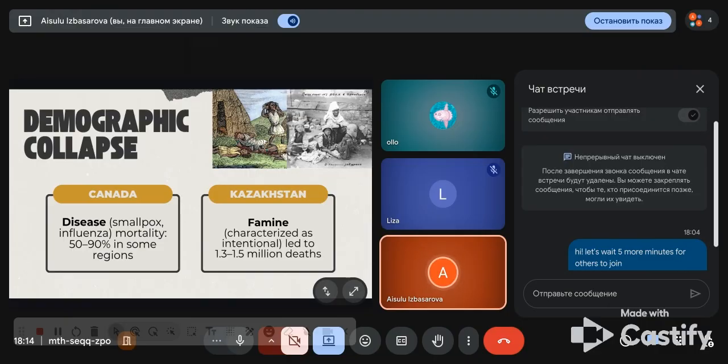As a result, 50 to 90% mortality appeared in some regions in Canada. It was in the 18th and 19th centuries, while Kazakhstan experienced famine twice. The first one was not intentional or deliberate, as some historians claim, but the one in the 1930s, which Ukraine also experienced, was intentional and deliberate according to the vast majority of historians.